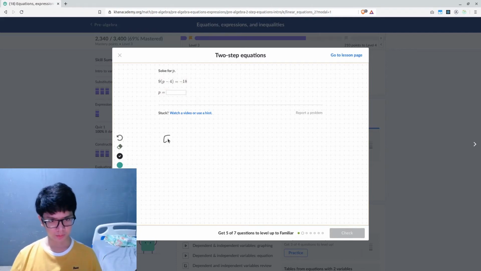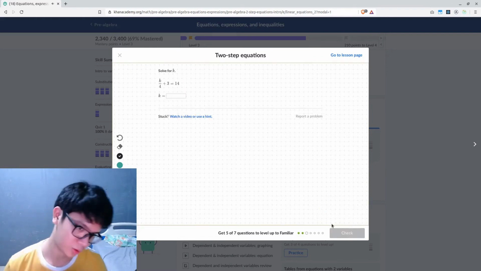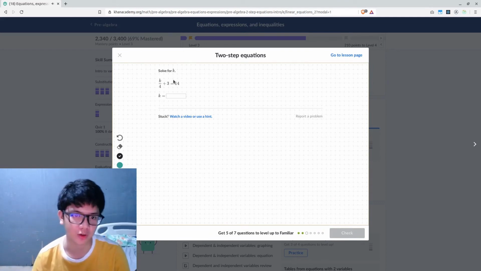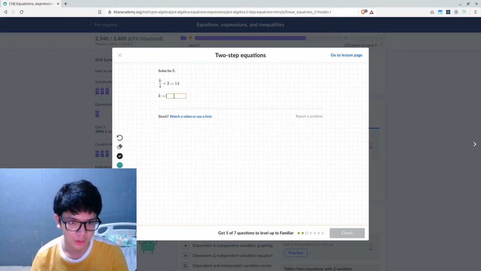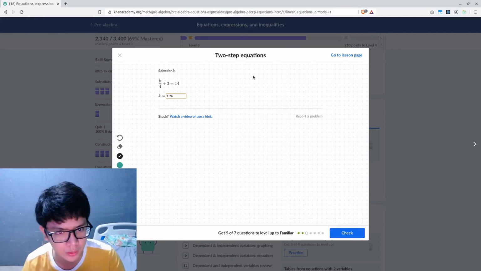Okay, so we can distribute 9p minus 36. So add 36, we have 9p equals 18, so we get 2. Okay, whatever, we get 11 over 4, are we satisfied with that?